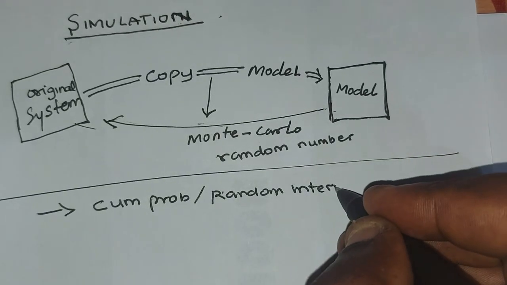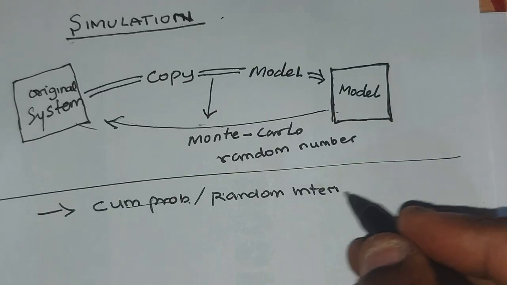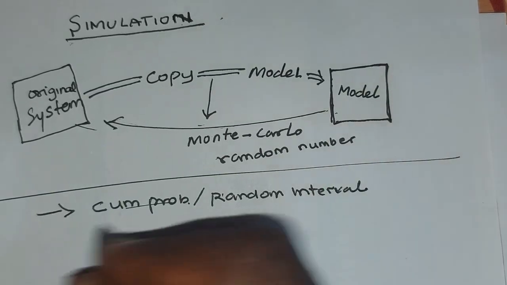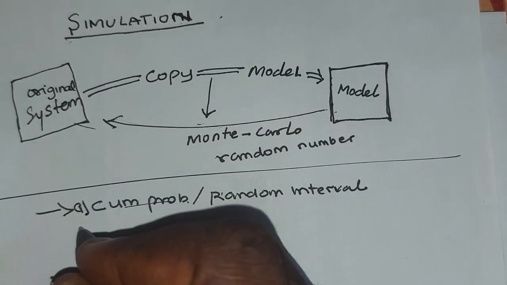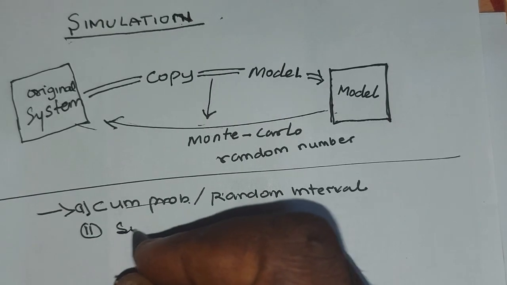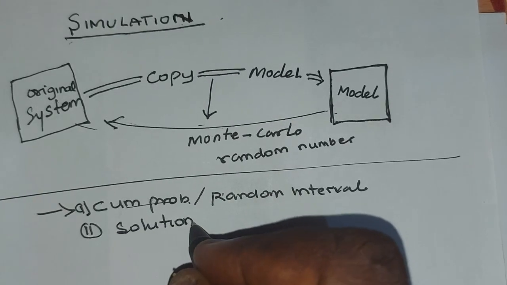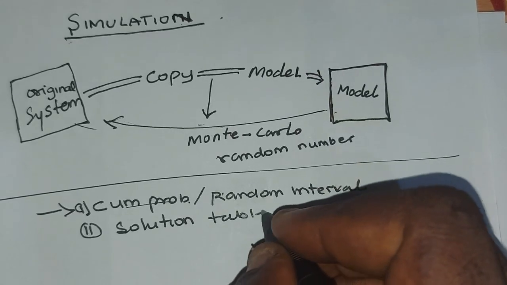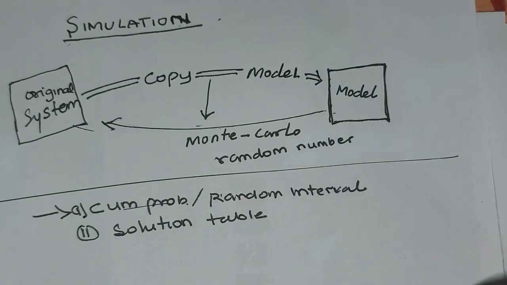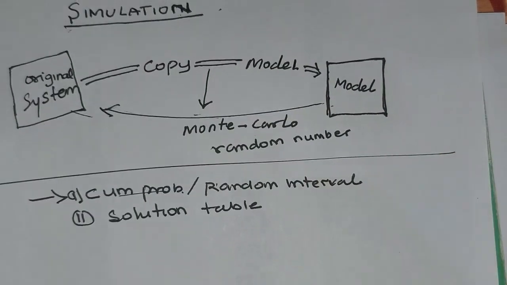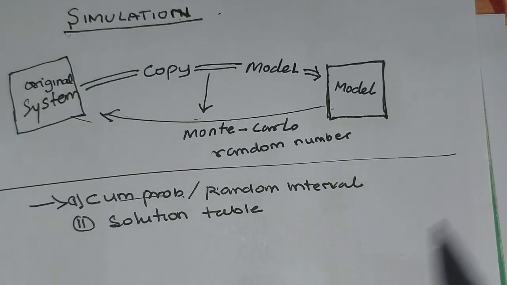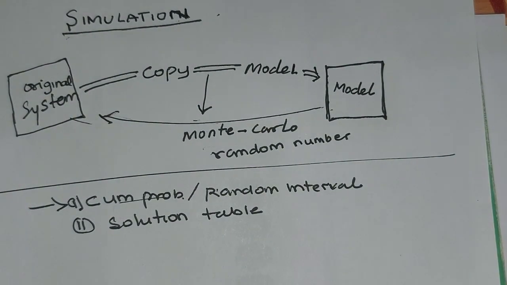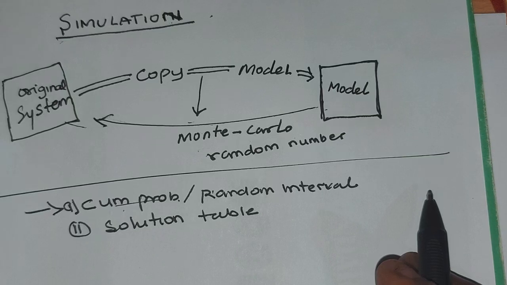You will use the cumulative probabilities to determine the random interval. That's the first table. Then the second table is the solution table. It depends on what you are asked to simulate, that is, to copy using Monte Carlo. So these are the two basic steps, as simple as that.